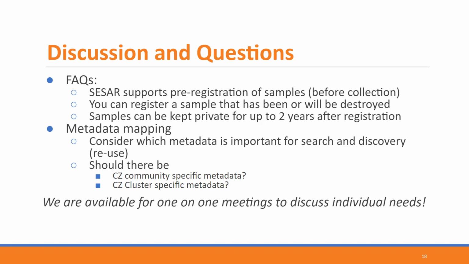Then they can tell other people in the TEFRA field to use this version of the SESAR template, where we've already identified which recommended SESAR metadata fields you should include, and a recommended mapping to how the TEFRA community talks about their metadata. We went through a process with them to work on that. And we can do that with some of the different clusters as well, with both levels, thinking about the cluster and then also up to CZNet, and what should come from the top level versus the individual domain levels.